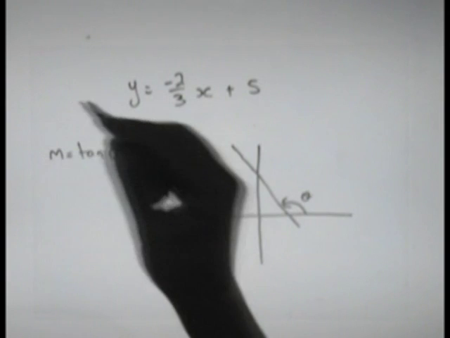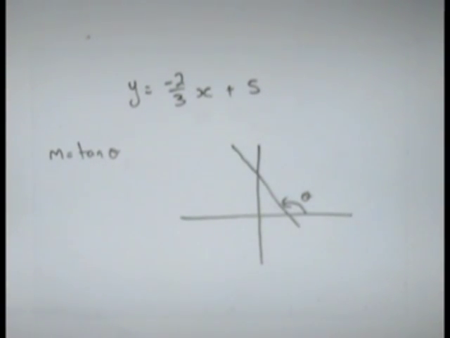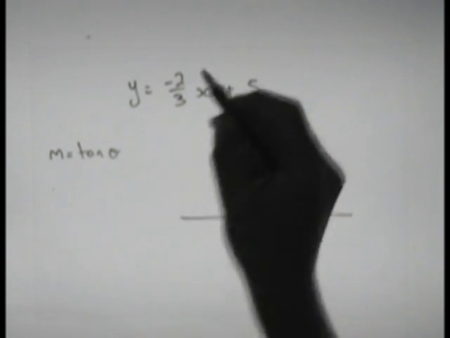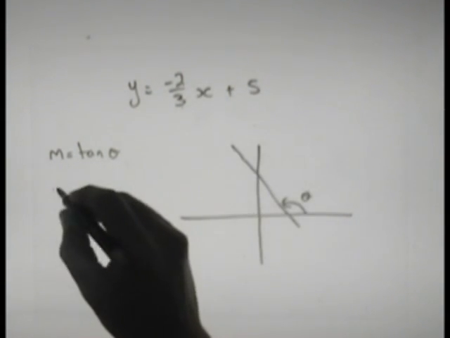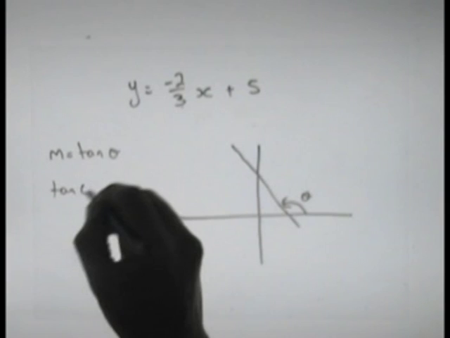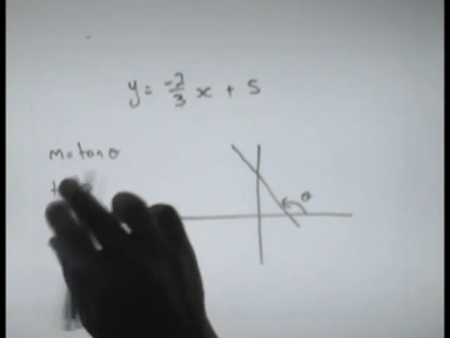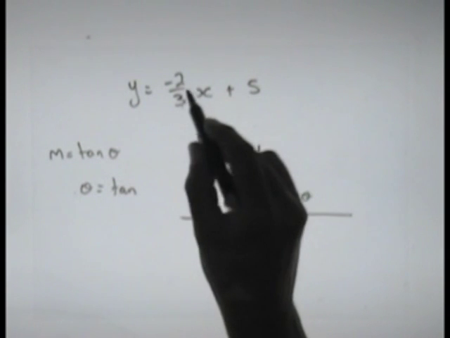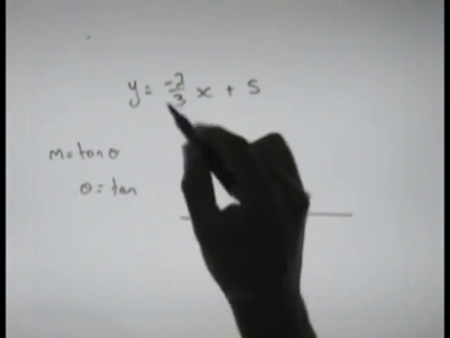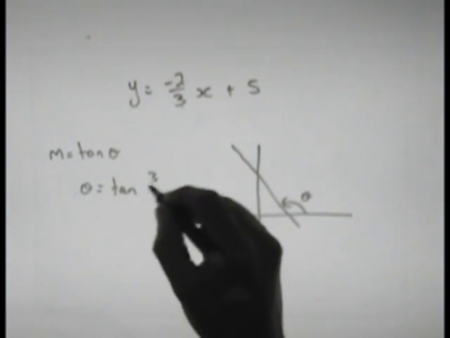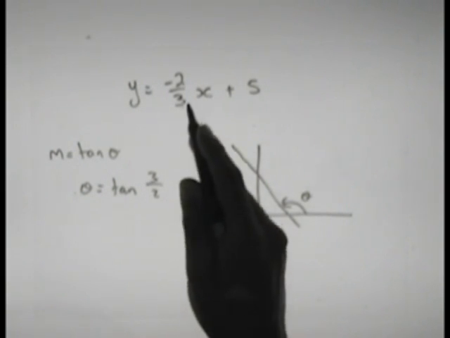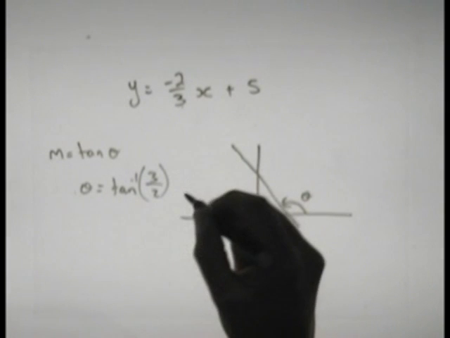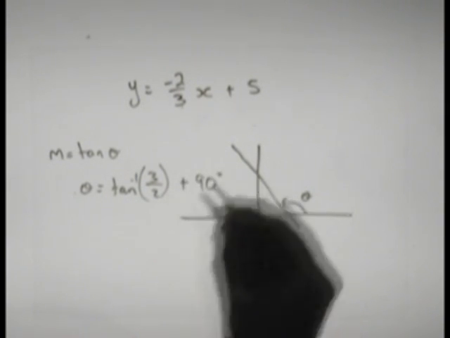Now if we use my method, the 90-degree addition way, I'm not going to look for a gradient of -2/3, but I'm going to say theta is equal to the inverse function tan of the positive gradient, or the perpendicular gradient, which is going to be +3/2, plus 90 degrees.